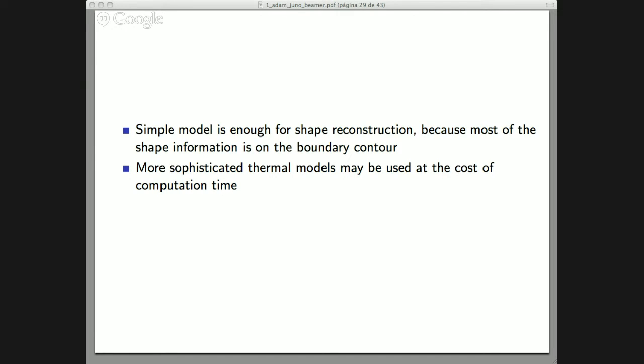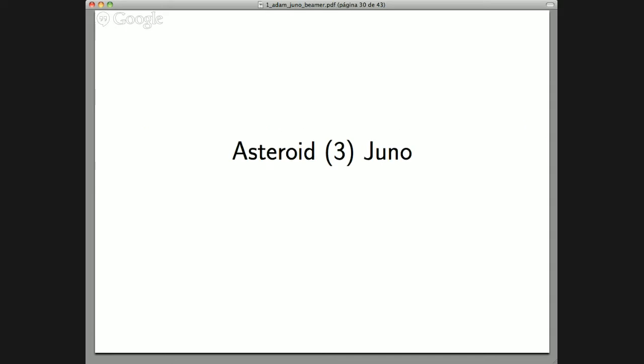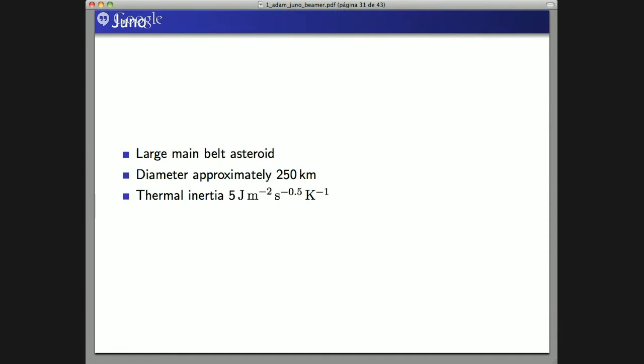So, Juno is a large main-belt asteroid, and the diameter is approximately 250 kilometers, and we have a very low thermal inertia, 5. And as data, we use light curves, and then we use science verification data from ALMA.